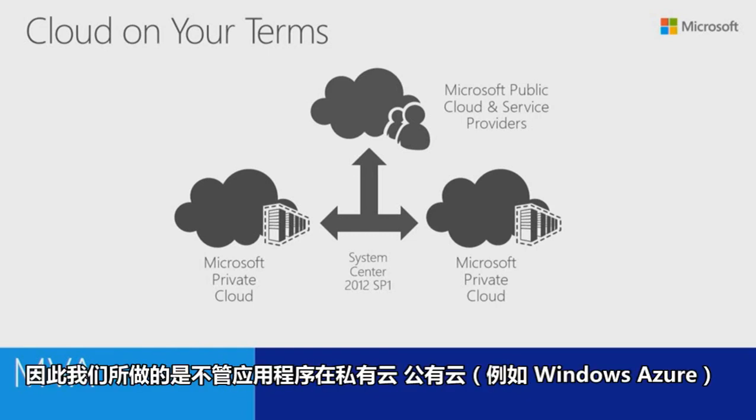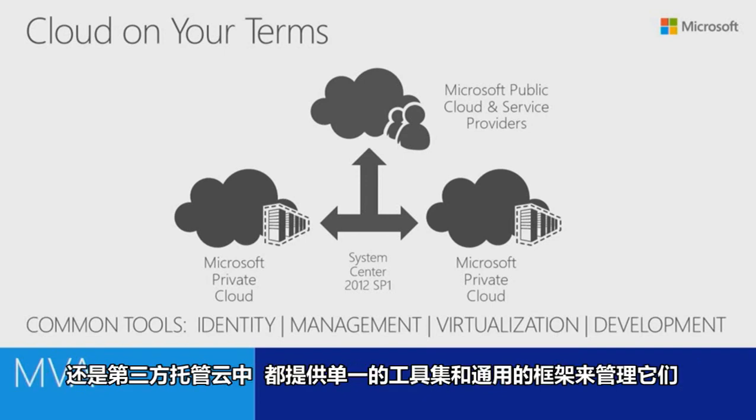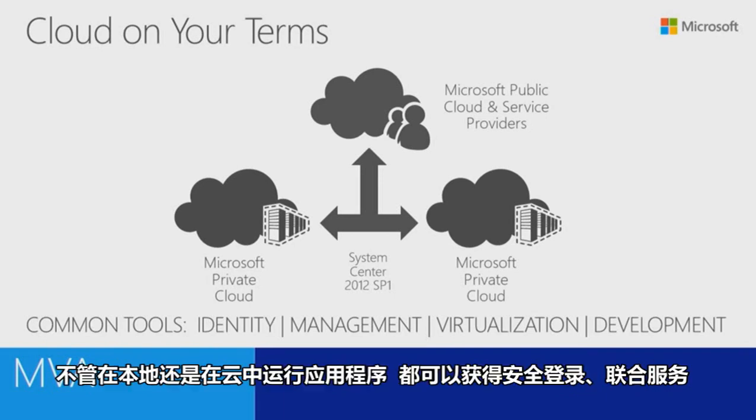And so what we really tried to do was provide a single set of tools, a common framework for managing your applications, whether they're in your private cloud, public clouds such as Windows Azure, or a third-party hosted cloud. And so as we look at this common set of tools, we think of identity with Active Directory. So you can have secure sign-on, federated services, whether you're running an application on-premise or in a cloud.